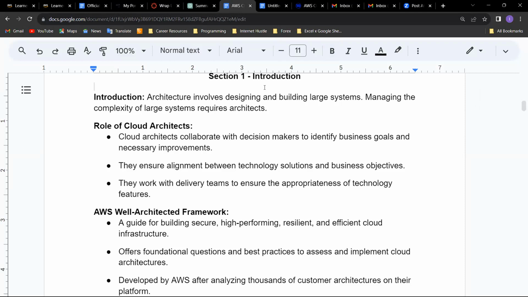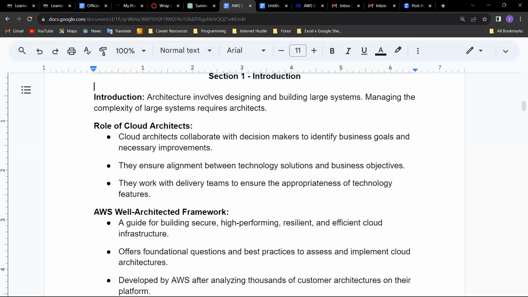Be sure to also go through the AWS documentation and the links, just to read and understand. Especially with the dumps, if you think a question has been answered wrongly, go through all the possible answers and read them to either agree or disagree with what the dumps or the website is suggesting as the correct answer. I think some other time we did that, and we concluded that the website was wrong. So that helps. Anyway, let's begin.